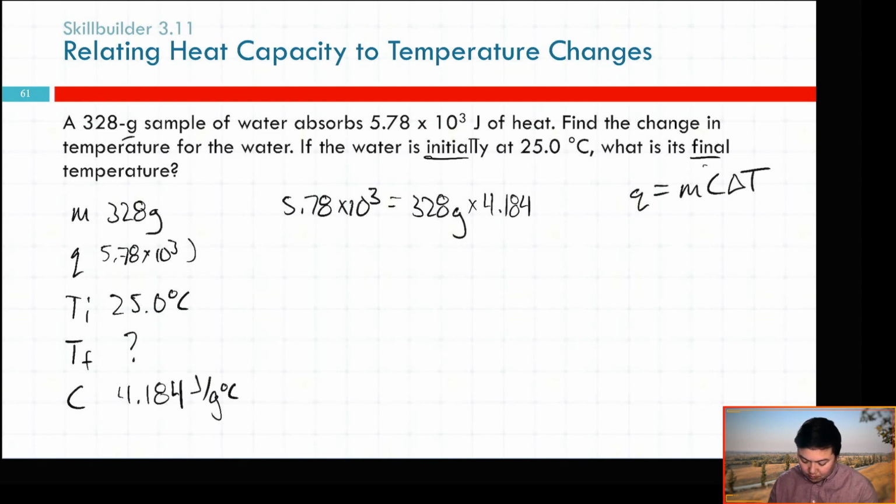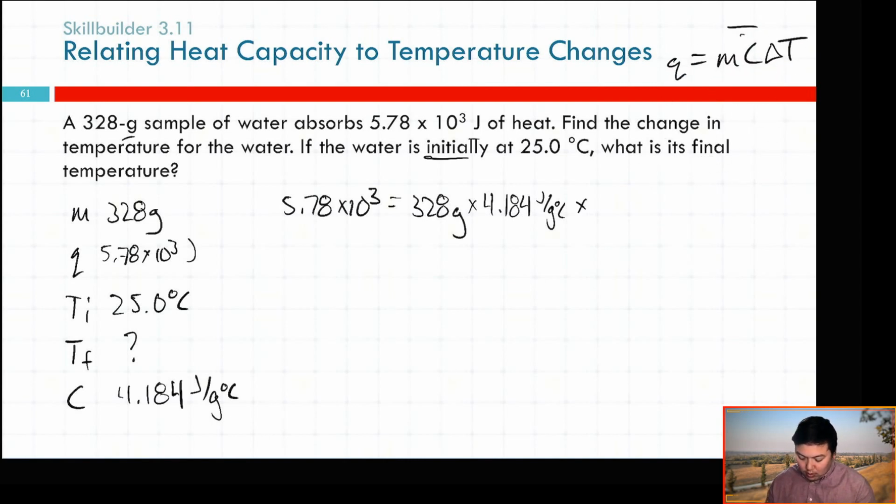Here we go. Okay. Joules per gram degree C. Running out of space. Times T final, which we don't know, minus our T initial, which is 25.0 degrees C.